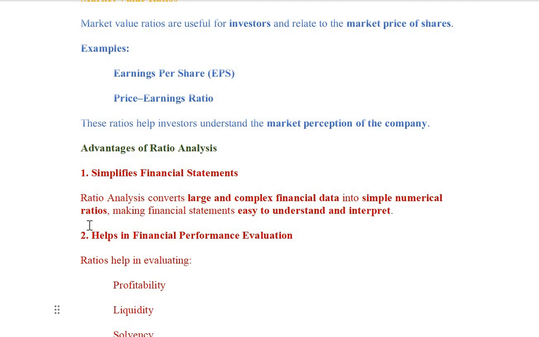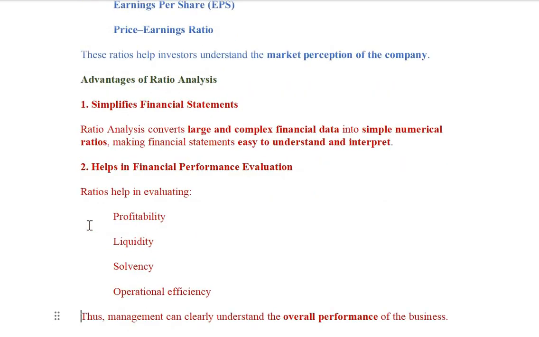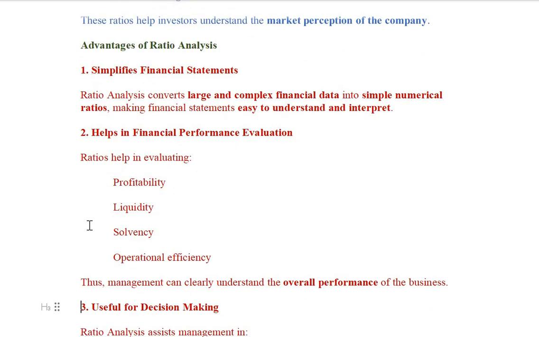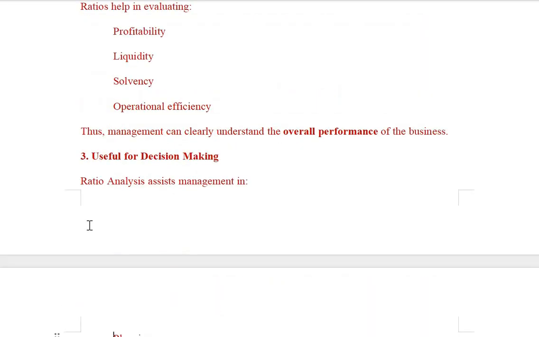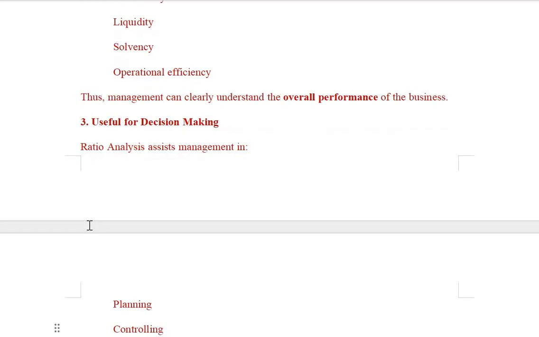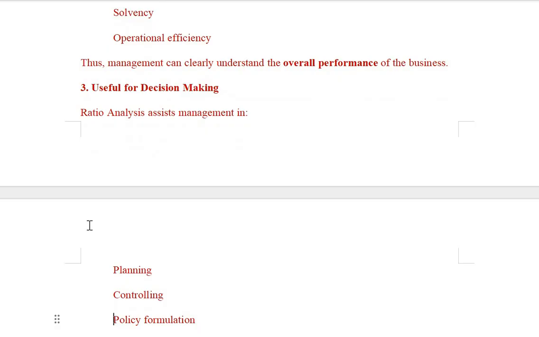The next advantage is help in financial performance evaluation. Ratios help in evaluating the profitability, liquidity, solvency, and operational efficiency of the business. This helps the management to understand the overall performance of the company. Next, the advantage is that it is useful in decision making. Already in the importance we have discussed the decision.